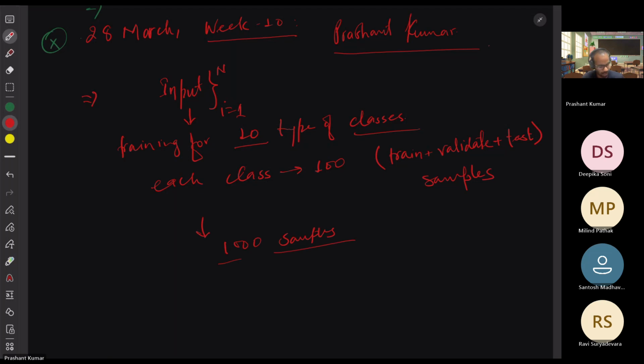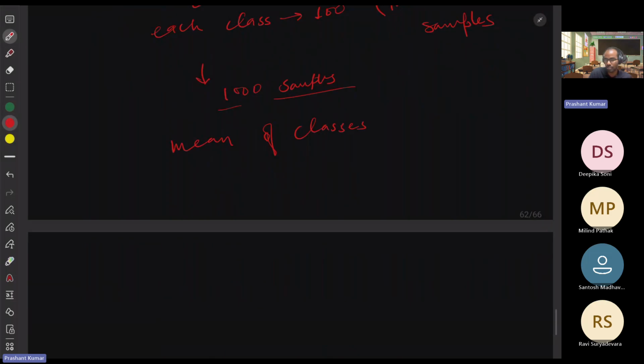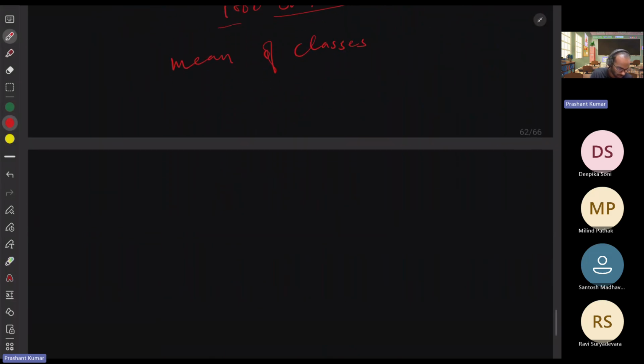It might happen that the mean of each class is much different from the mean of the other classes. If you do a simple classification problem, or plot a simple embedding, you might see that one class is lying somewhere here, another class somewhere here, and some other class somewhere here.